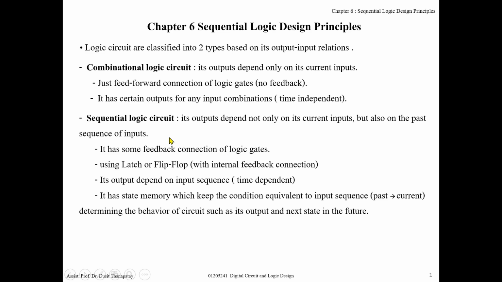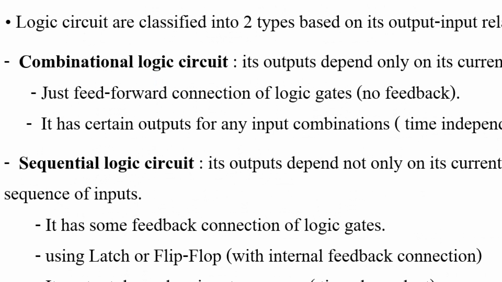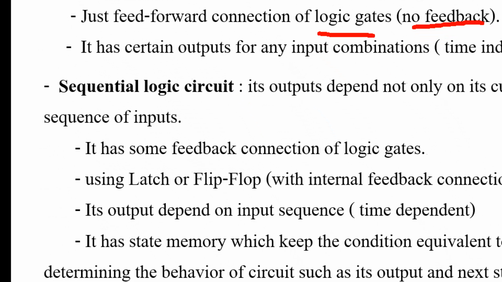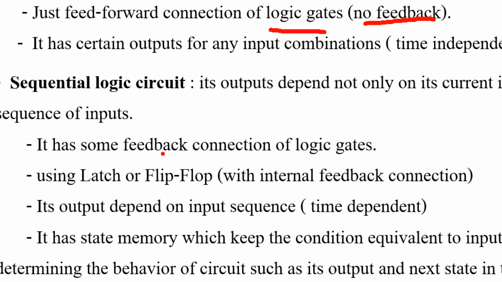How do we implement a combinatorial circuit? Of course, you just use some logic gates connected together without any feedback. But for a sequential circuit, you also use logic gates, but some part of the circuit will have a feedback connection.